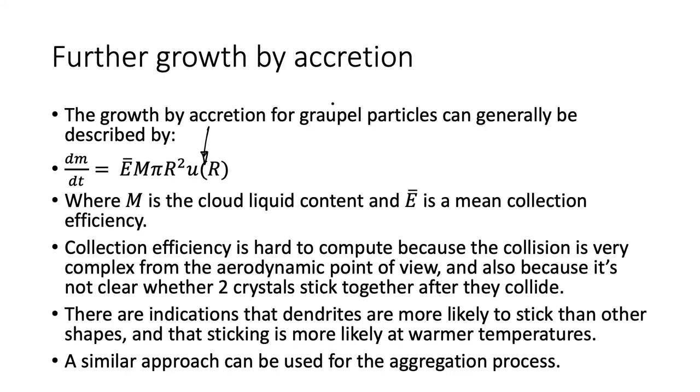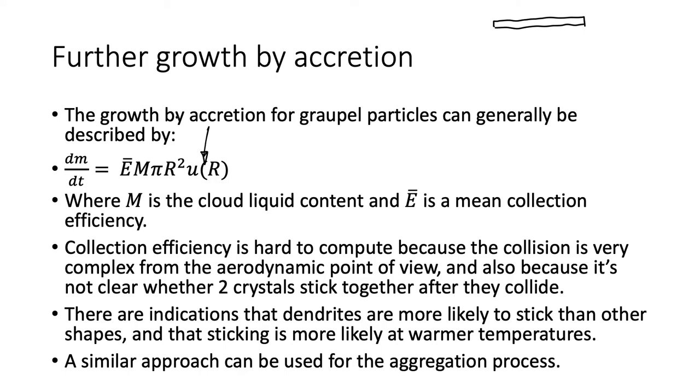And probably, unless you know exactly what's going on in your cloud, or unless you have a very, very thin cloud, like cirrus clouds that may be like 50 meters thick, and so they're only made of one type of crystal, you probably have to sum over all the possible ice crystal habits when you want to compute growth by accretion, okay?